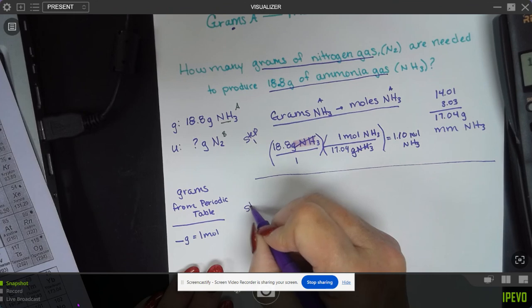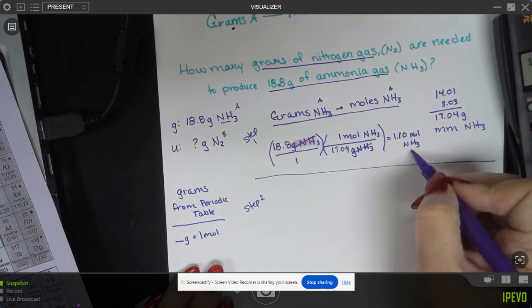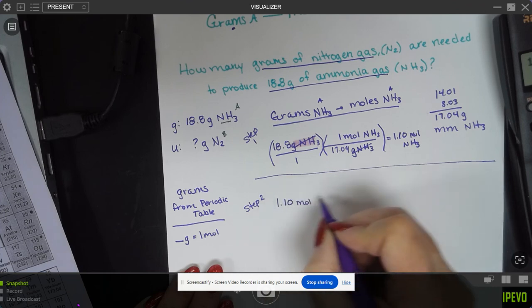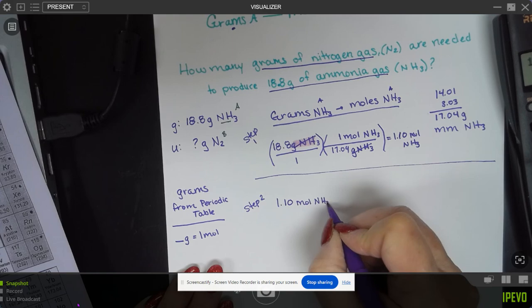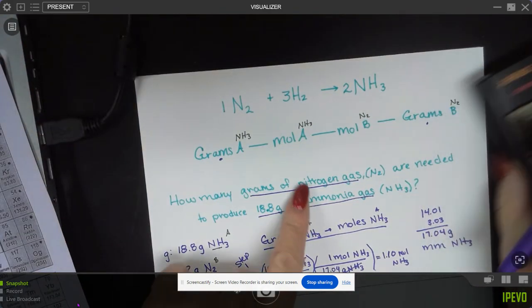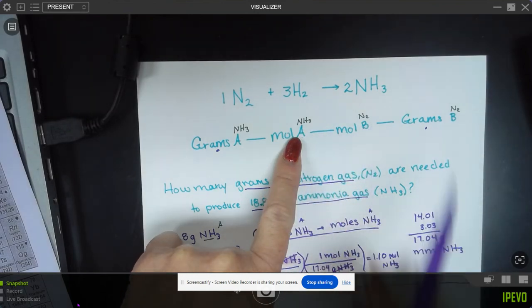Step 2 is taking this answer, 1.10 moles of NH3. If I look at my mole map, step 2 is going to go from moles of A to moles of B, so moles of NH3 to moles of N2.